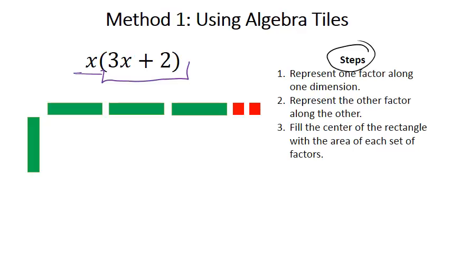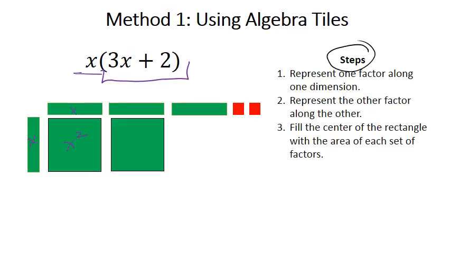So now I'm thinking to myself, okay, this is x, and this is x. What algebra tile can I put in the middle there to fill that space? Hopefully you see that it's an x squared tile. The next one will also be an x squared tile, and the next one, an x squared tile. Now is when it changes a little bit. We have a 1 times an x.